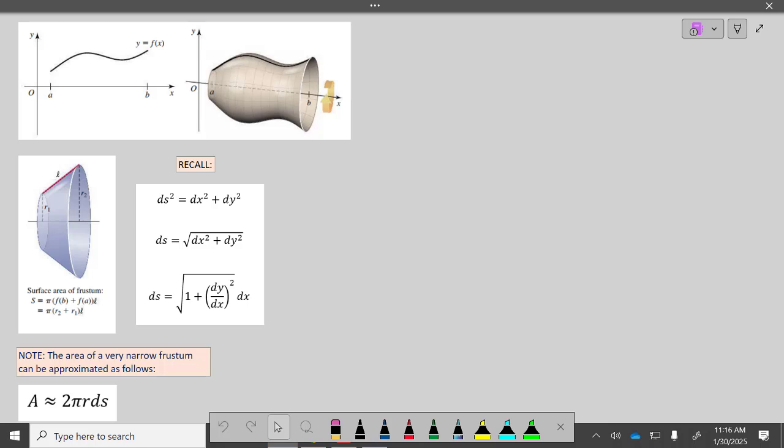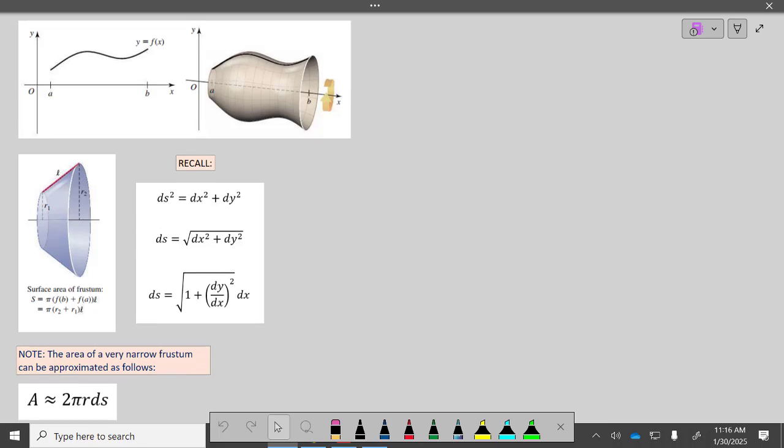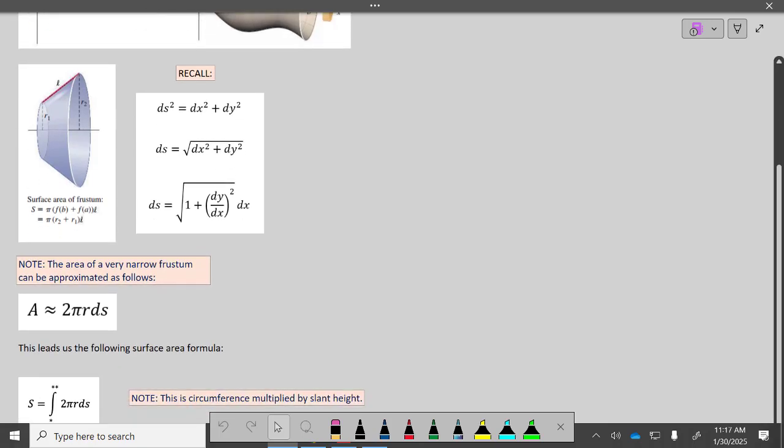We can imagine all these kind of cone bases. They call it a frustum of a cone. So the idea is that we imagine all these frustums, and then as these frustums get narrower and narrower, the surface area calculation gets more and more precise, and then we do the magic sorcery of taking the limit, and that creates a definite integral. So that is what's going to happen.